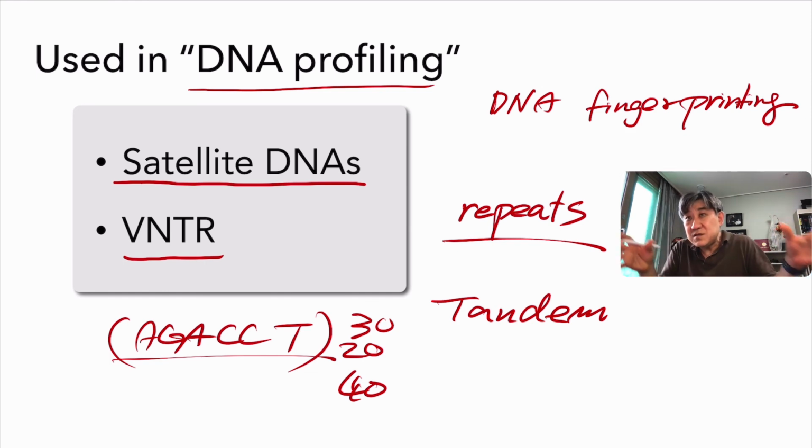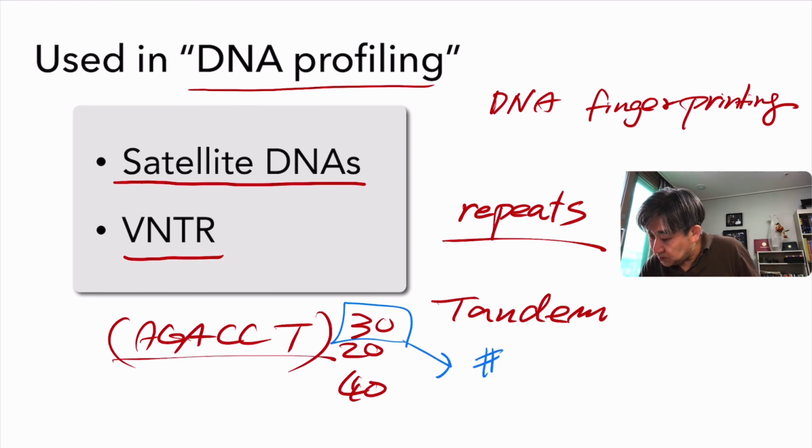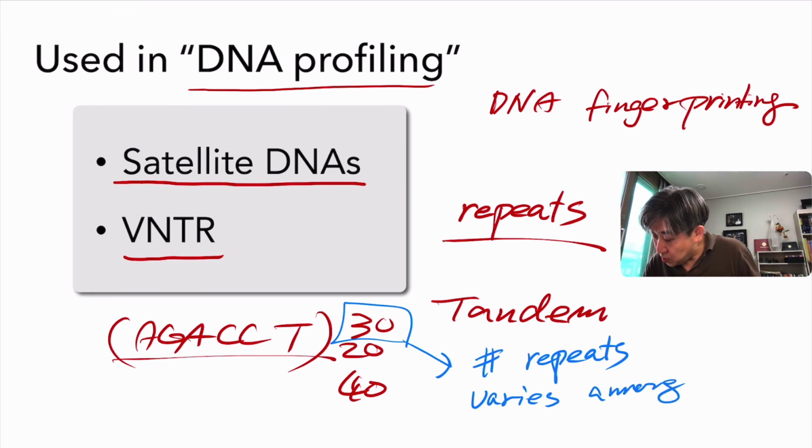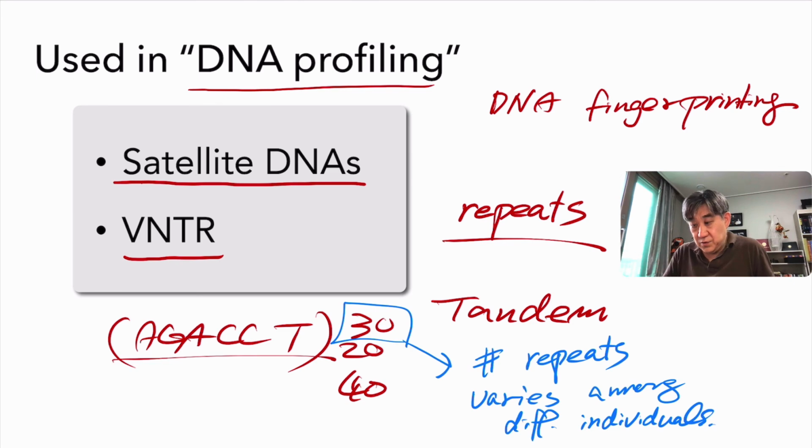Why do they appear in such meaningless repeats? And more importantly, the number of these repeats varies among different individuals. That's the key of using this area in DNA profiling.